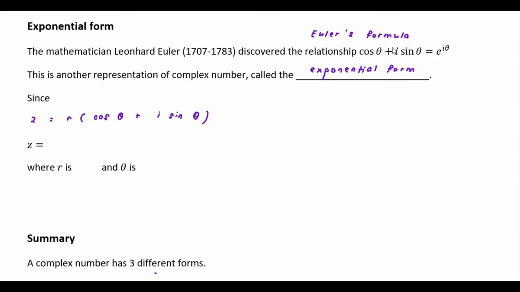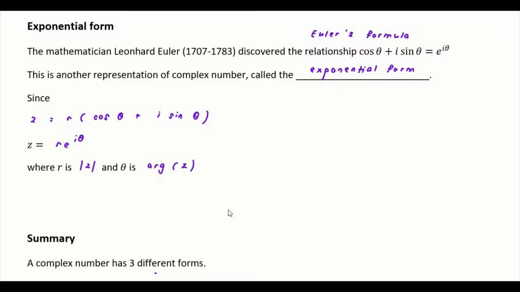And since Euler's formula tells us that cos theta plus i sine theta is equal to e to the power of i theta, I can always substitute the whole term with e to the power of i theta, and it will give me another form of complex number, which is z equals r e to the power of i theta, where r is the modulus of the complex number, and theta is the argument of z.